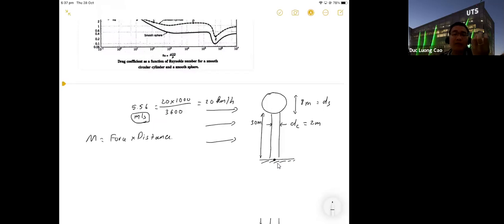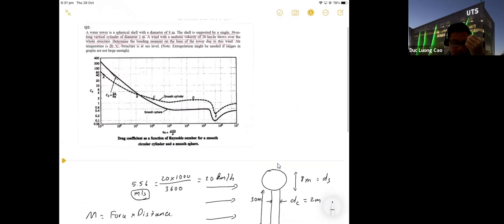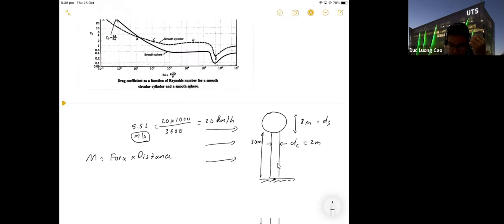Okay. In this case, we have two objects. We have the shell on the top, which is a spherical shell. When we have airflow, it means we have the drag force FDS, the drag force applied to the shell, and this is applied to the centroid of the spherical shell.